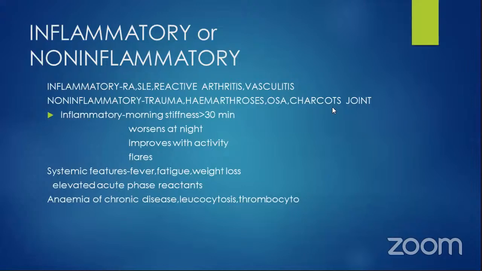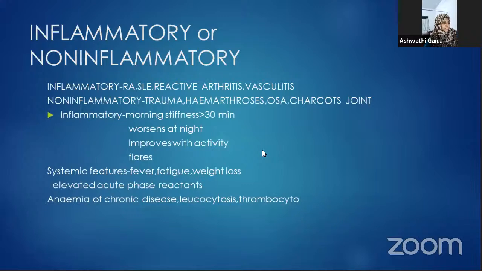Okay. Am I audible? Yeah, audible. As we already said, we have to distinguish between inflammatory and non-inflammatory conditions. Inflammatory is commonly seen in rheumatoid arthritis, SLE, reactive arthritis, and all. The characteristic feature is that it aggravates on rest. That is, it can worsen at night, and morning stiffness will be more than 30 minutes. It always improves with activity.